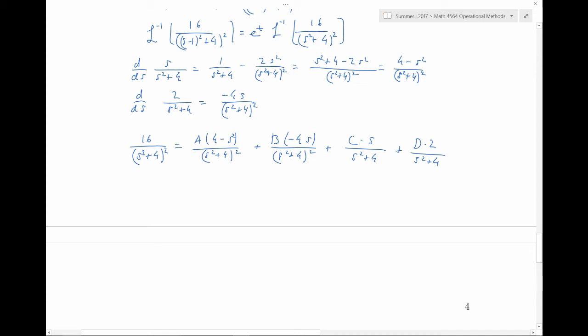And the solutions are positive 2 for a, zero for b, 0 for c, and 1 for d.